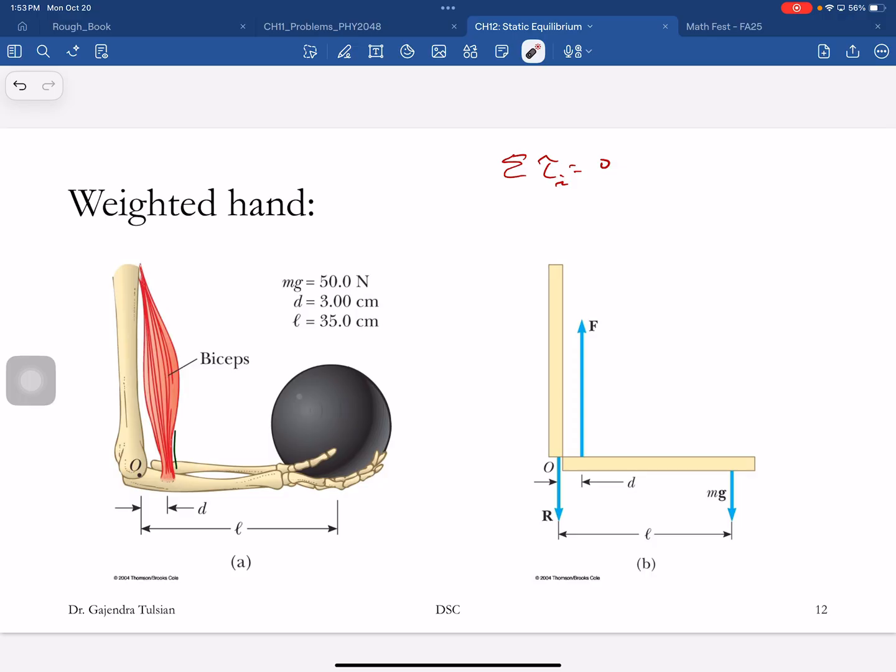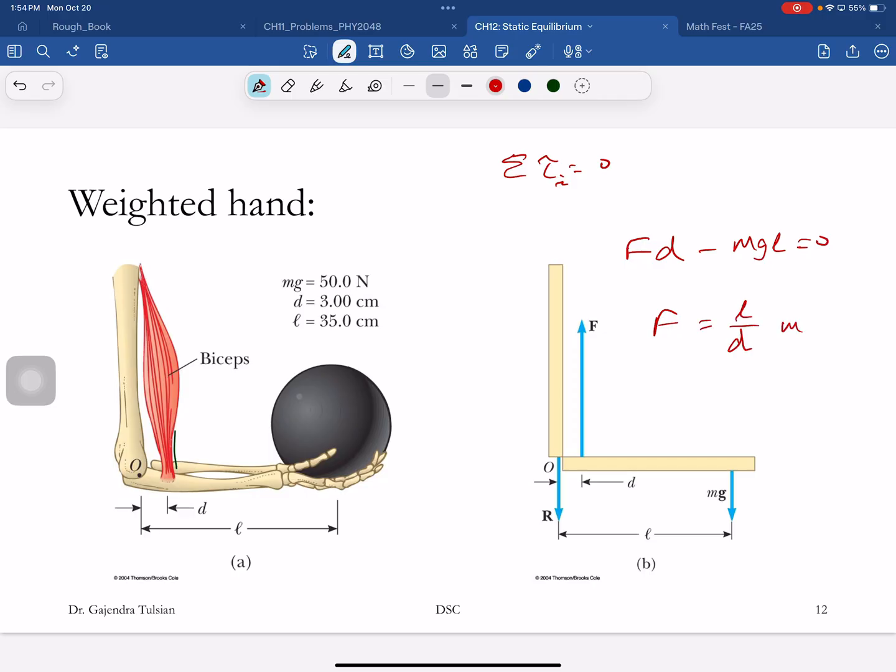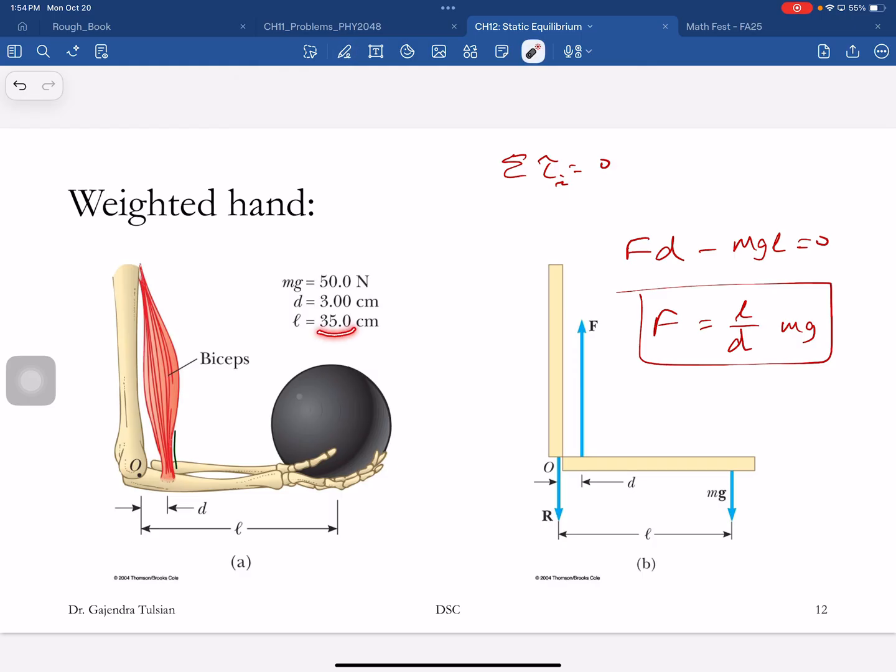So force times D minus mg times L is 0. So force is L by D times mg. L is 35 centimeters, D is 3 centimeters. So this factor is almost 12.